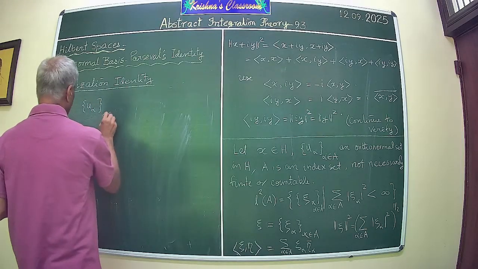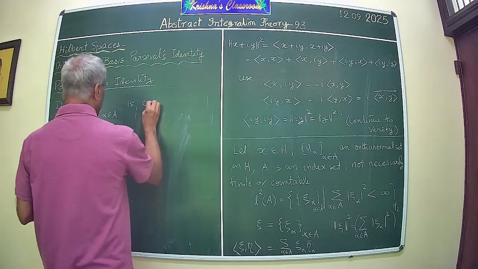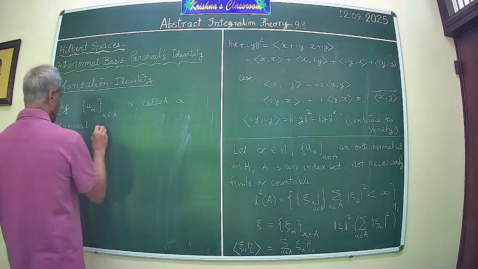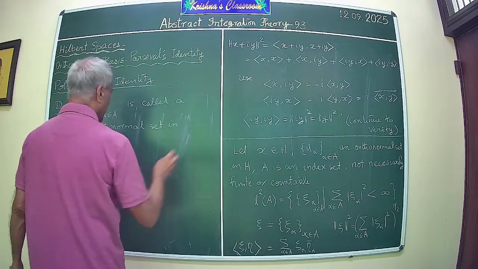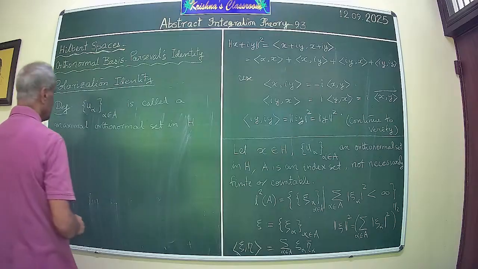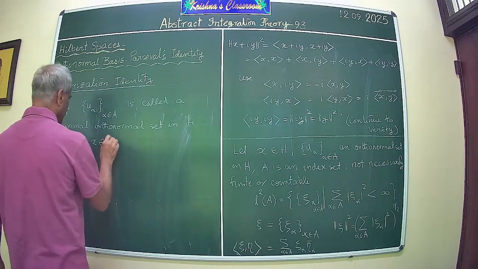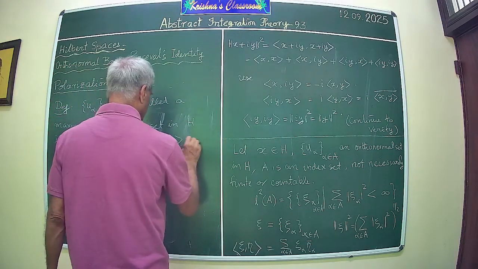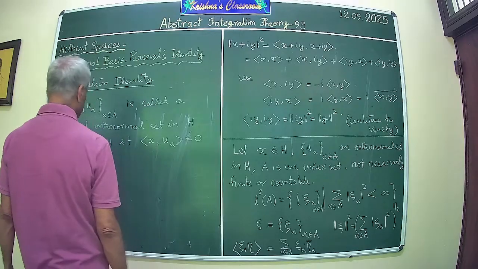U alpha, alpha belonging to index set A, is a maximal orthonormal set in H if any x with inner product of x with U alpha equal to 0 for all alpha belonging to A implies x is zero.